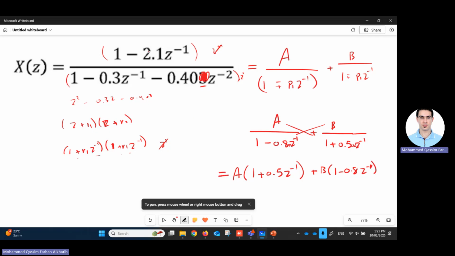That should equal what? 1 minus 2.1 z negative 1. Okay? So how to solve it?